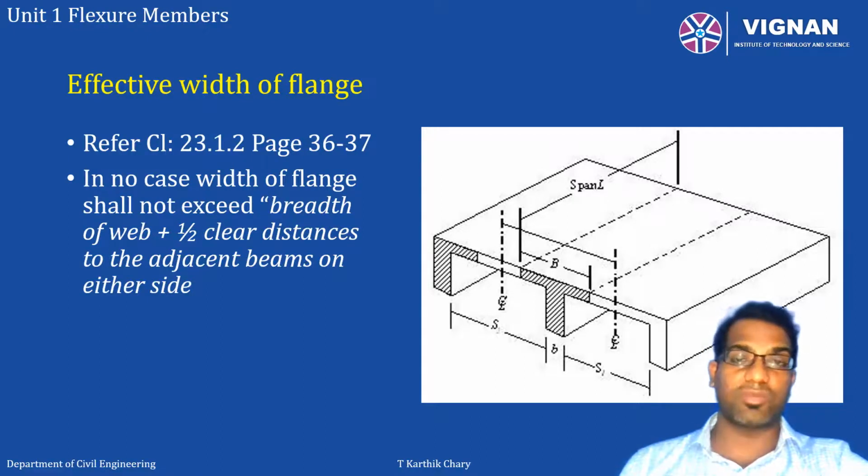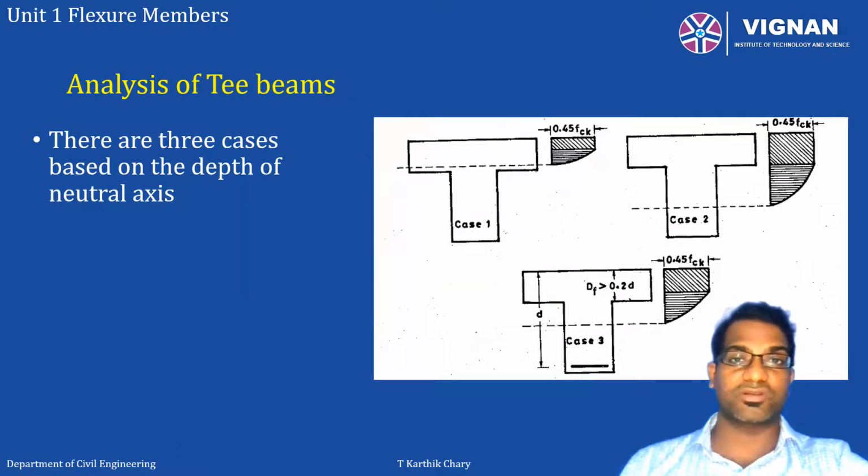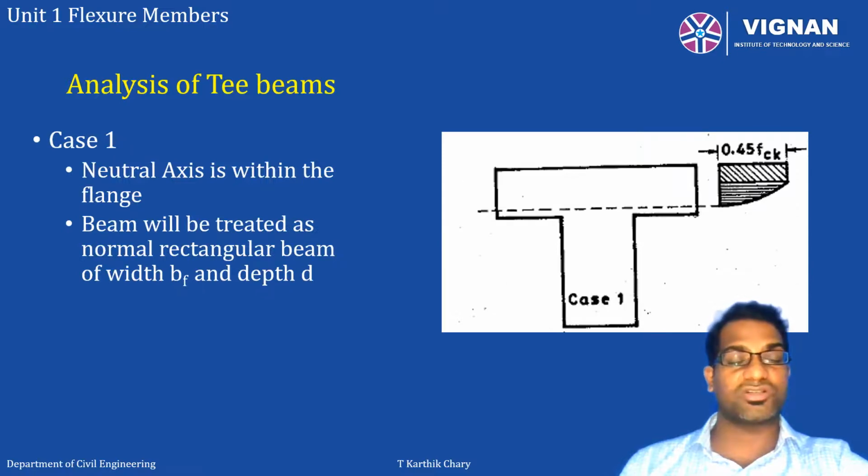In the analysis of a T-beam, there are three types of cases. These three types are decided based upon the neutral axis depth. In the first case, the neutral axis is considered to be in the flange. When the neutral axis is within the flange, the stress diagram is considered to be in the flange only. Often, these sections shall be designed as a rectangular section. The same was also stipulated in G2.1.a on page number 96.